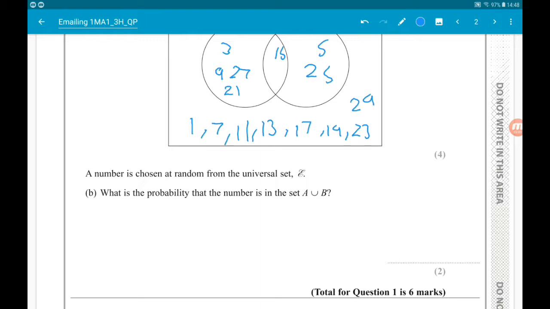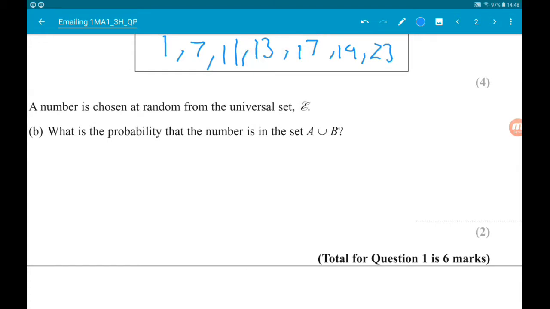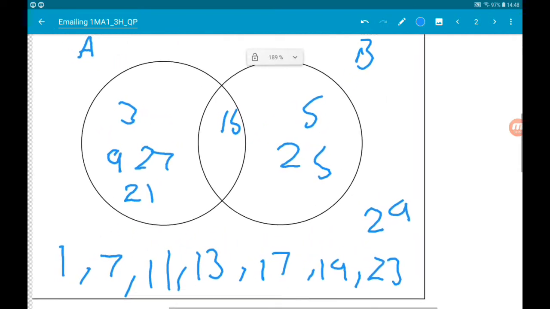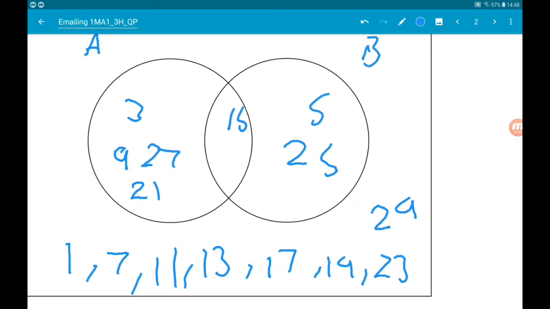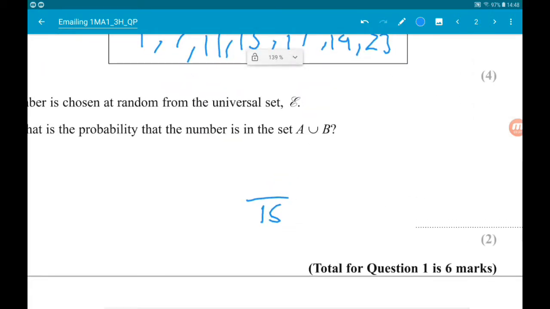That means A or B. We know the total number of numbers in the set is 15, so that's the bottom of the fraction. A union B means all of the numbers inside of the circles. So we've got 1, 2, 3, 4, 5, 6, 7. So it's 7 over 15. Cool.